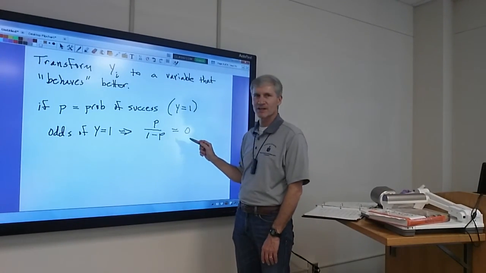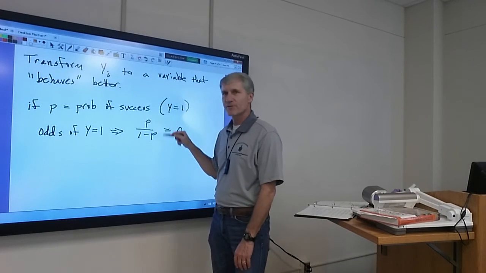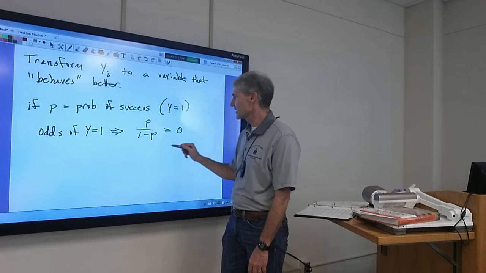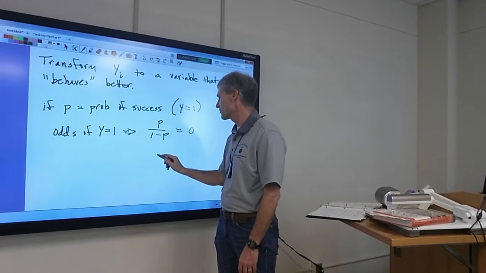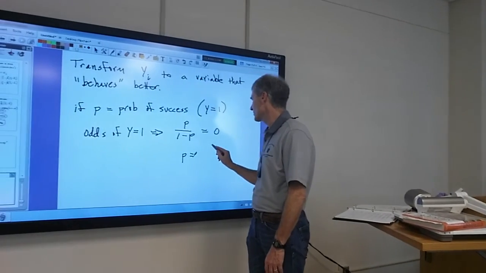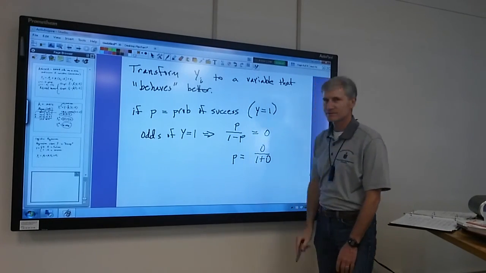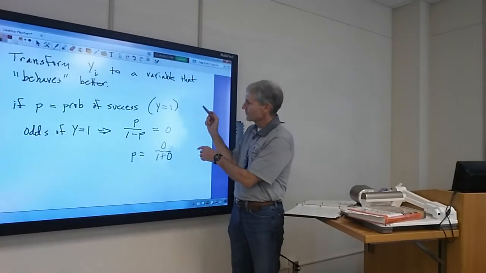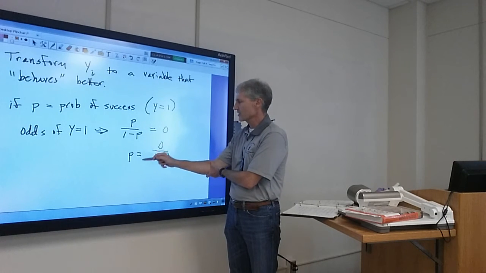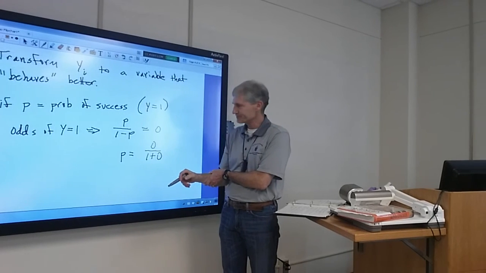So solve for O, or solve for P, and it's an easy algebra problem, and what you end up with is that P is equal to odds over 1 plus odds. So if you've been given odds, you can find the probability. If you've been given probability, you can find the odds. Okay?